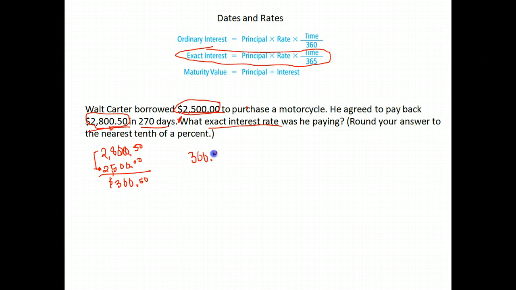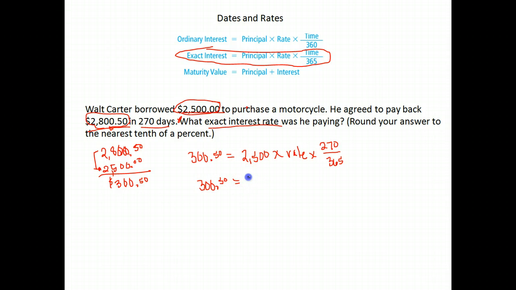Our interest, $300.50, is supposed to be equal to the principal, the original amount of the loan, $2,500, times our rate. That's what we don't know. Times the amount of time. He had the loan for 270 days out of, this is exact interest, so out of 365. On the left-hand side, just leave that $300.50 for a while.